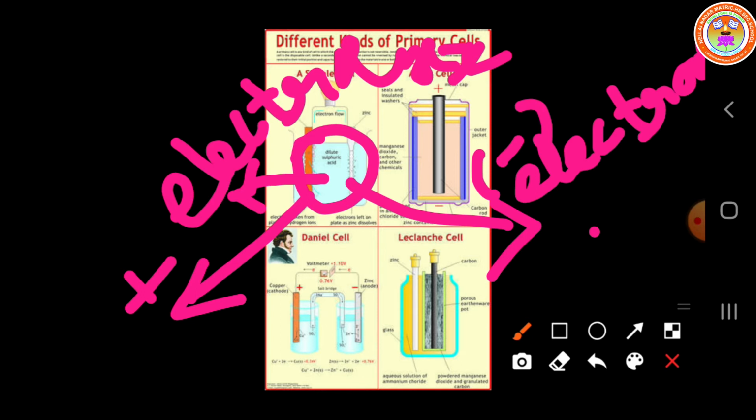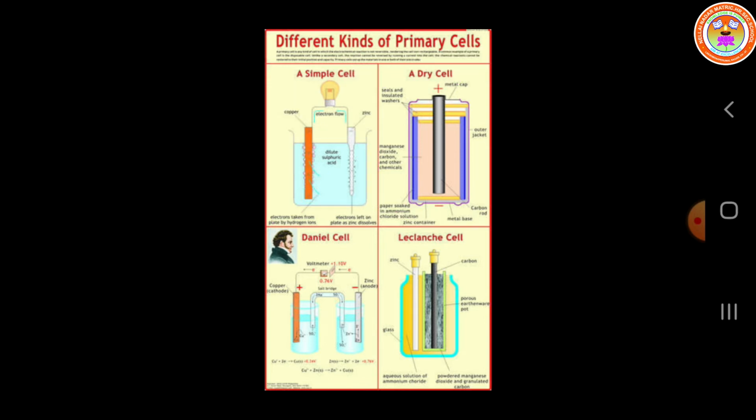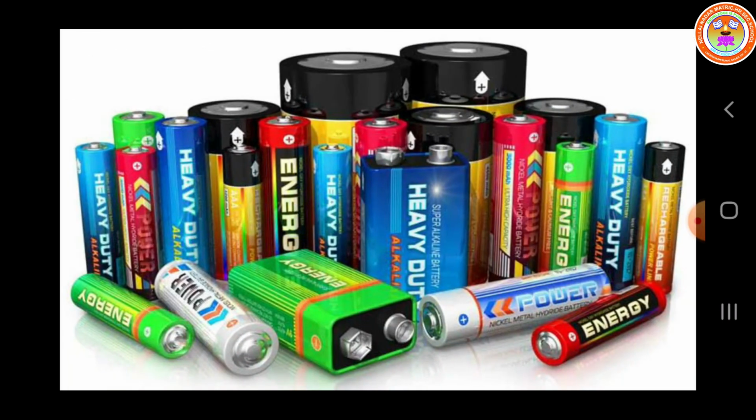Depending on the continuity of flow of electric current, cells are classified into two types. They are primary cells and secondary cells. Primary cells cannot be recharged.